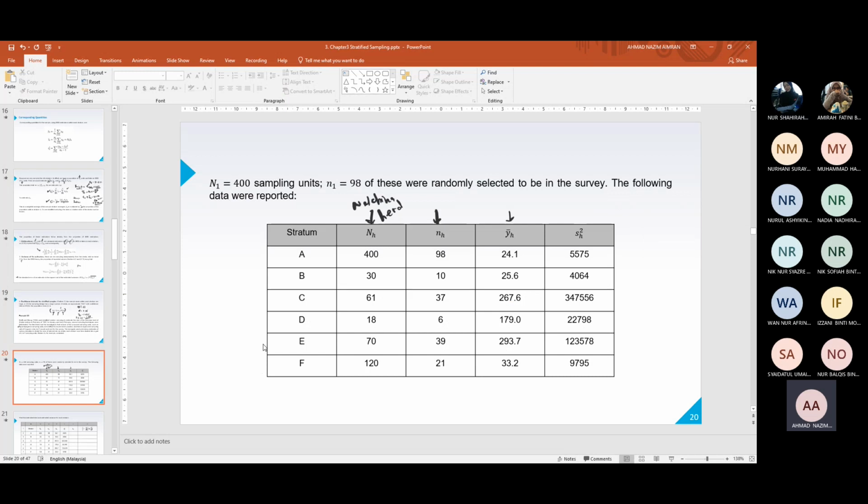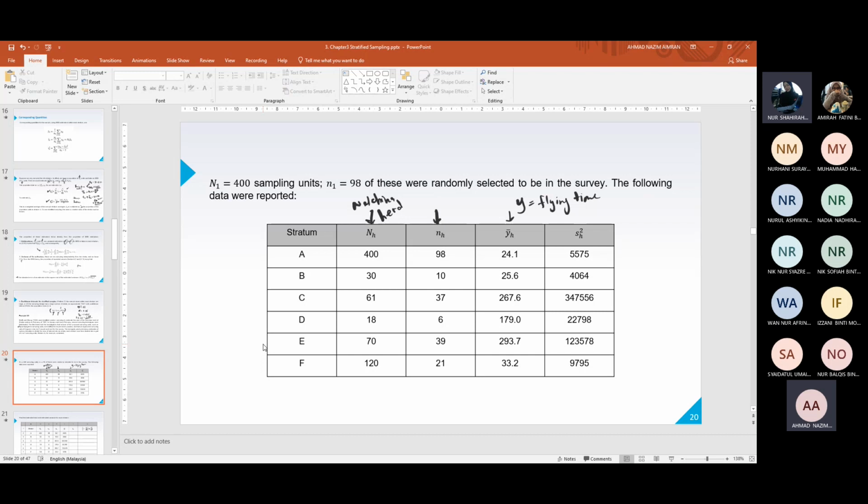We can say that y here is the flying time for this Nelchina herd, and the flying time for herd in stratum B, C, D, E, and F. So they have different flying time. That is why in stratified random sampling, you can get a better estimation.